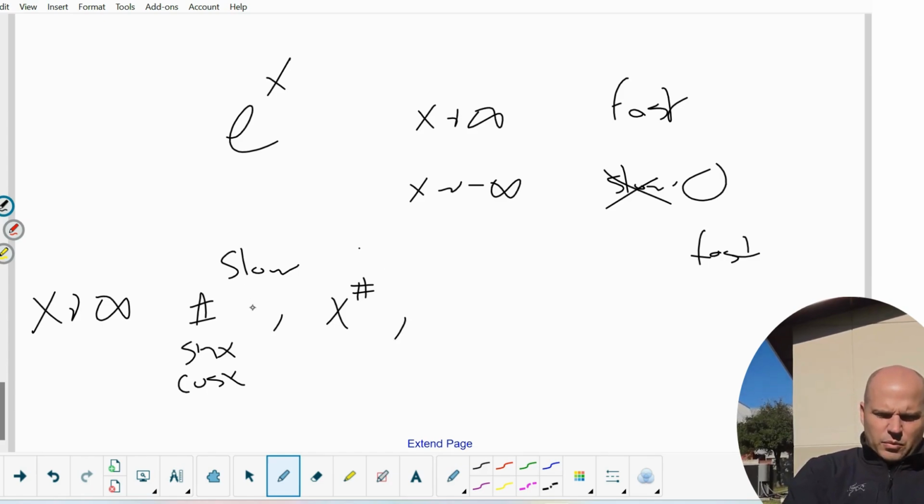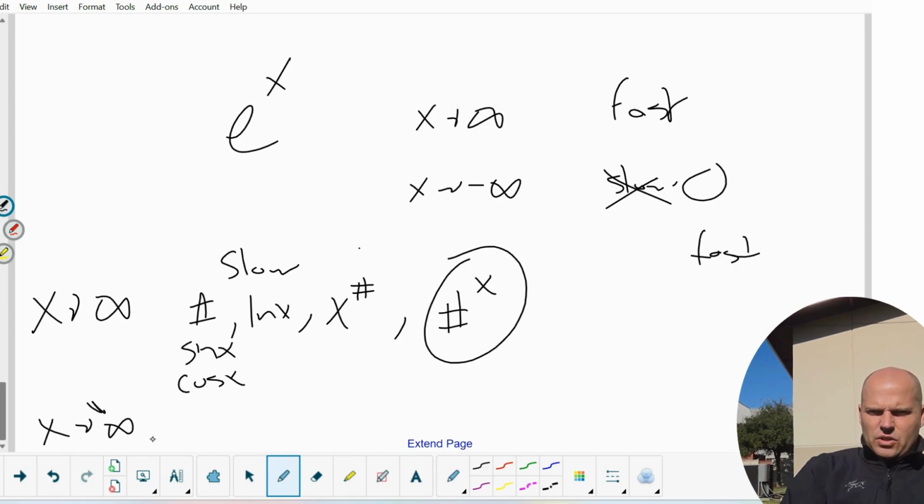Before that, we have the log function, which is the slowest growing function. It grows slower than cube roots, slower than square roots. So logarithmic functions, then x to powers. Then we go into numbers to x powers. But if we go to negative infinity, then this one becomes the no growth. So just keep that in mind.